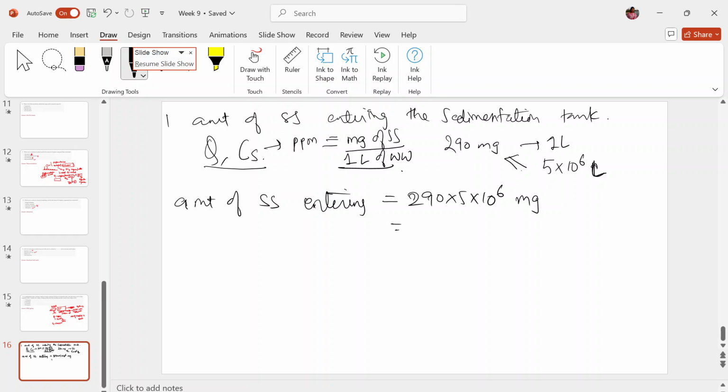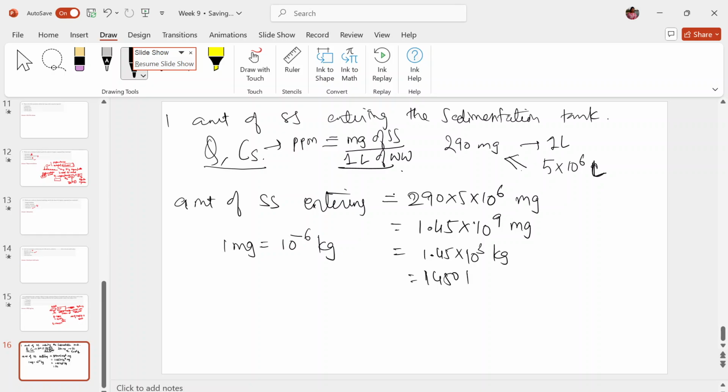So 290 into 5 into 10 to the power 6 is nothing but 1.45 into 10 to the power 9 mg. Now, if you convert into kgs, 1 mg is equal to 10 to the power minus 6 kgs, which will be 1.45 into 10 to the power 3 kg, that is equal to 1450 kg.